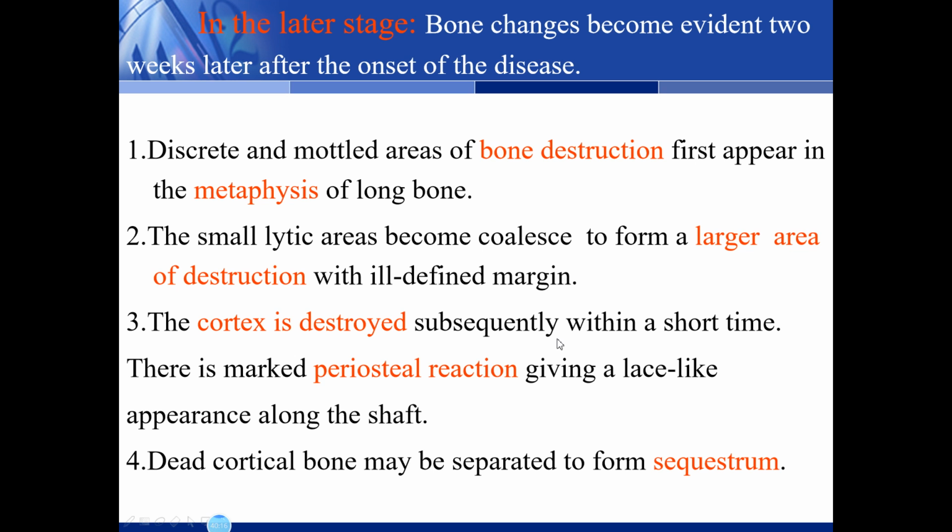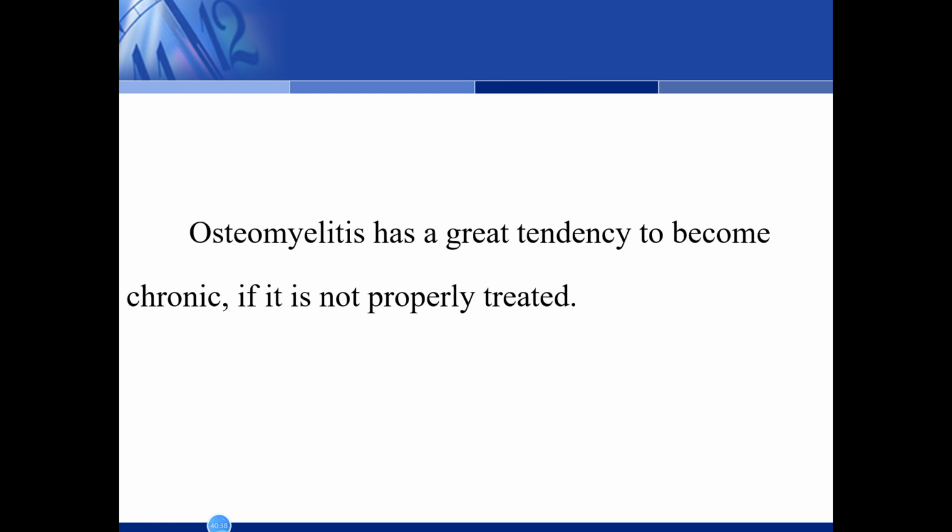Subsequently, within a short time, there is marked periosteal reaction, giving a lace-like appearance along the shaft. The cortical bone may be separated to form sequestrum. Osteomyelitis has a great tendency to become chronic if it is not properly treated.